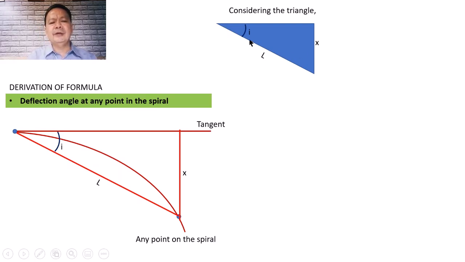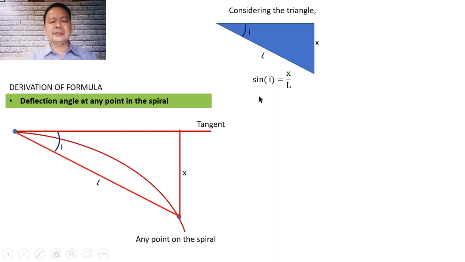Given that we have here the angle, the opposite side of that angle, and the hypotenuse of the triangle, then we can express the trigonometric functions of this I such that sine of I is the ratio of the opposite expressed in terms of X divided by the hypotenuse, which is given here as the length.